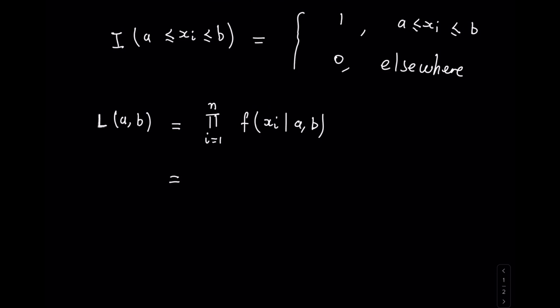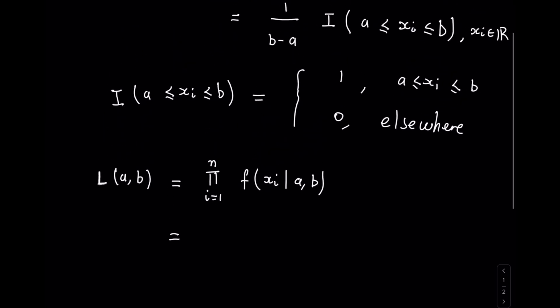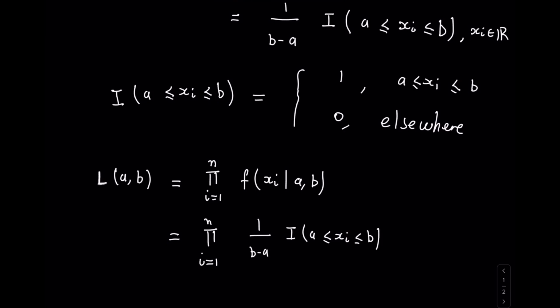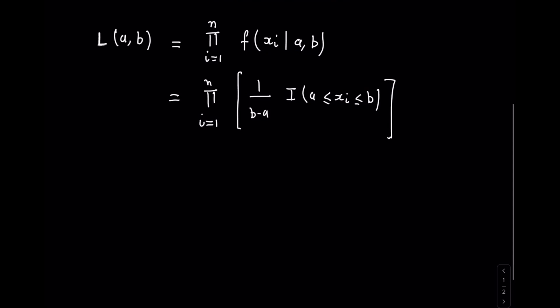Now, I'm going to substitute the expression we have above into the formula. So this becomes the product, i equals 1 to n, of [1 over b minus a times the indicator function of a, xi, b], and I'm just going to put this in square brackets to denote that we're multiplying all of those together.